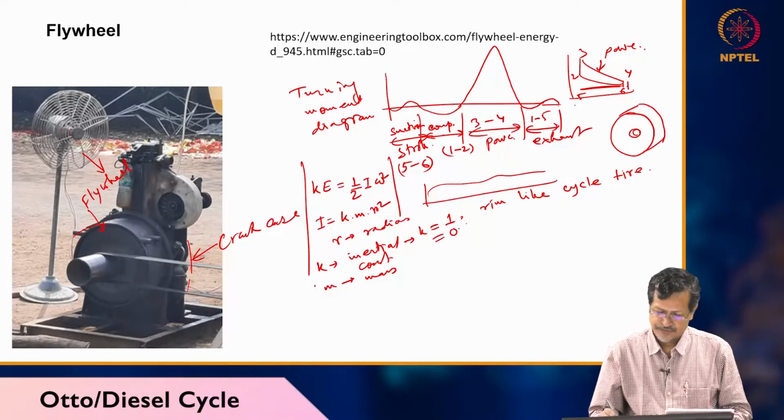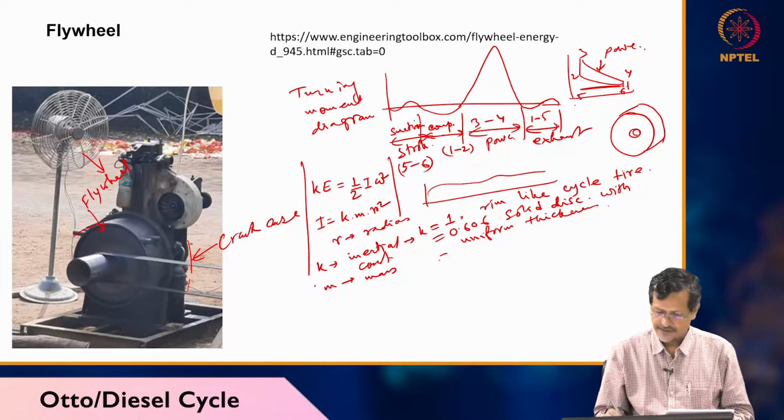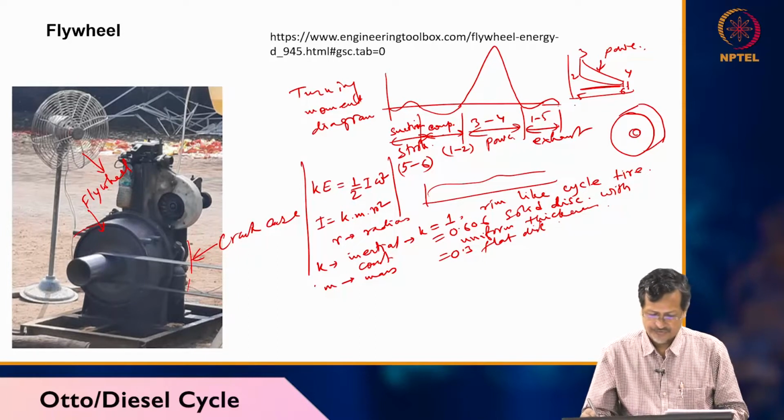Its value will be 0.606 for a solid disc with uniform thickness, and 0.3 for a flat disc with a central hole.